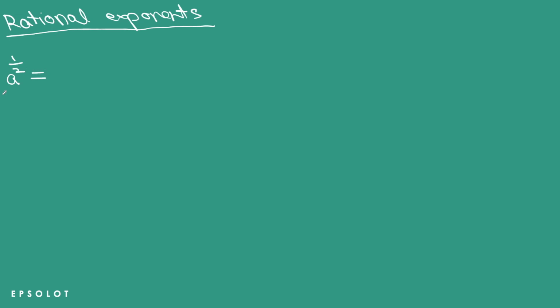Now the actual definition of a rational exponent is that every time you have a fraction as the exponent on a base, the numerator will be the power, and the denominator will be the root of the base.